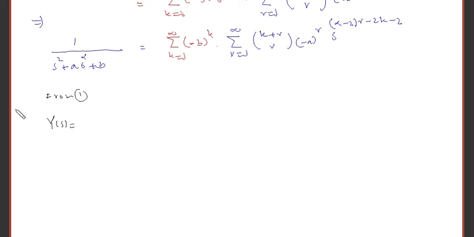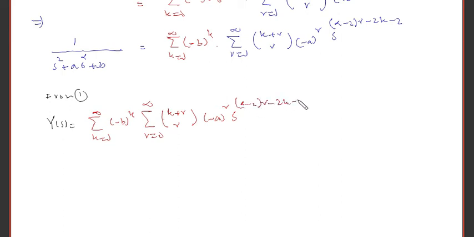capital Y of s, and then I have this series, which is summation from k=0 to infinity (-b)^k, and then I have summation r from 0 to infinity (k+r choose r), then (-a)^r, s to the power (alpha-2)r-2k-2, and inside I have c0 s plus c1 plus a c0 s to the power alpha-1, and then a c1 s to the power alpha-2.